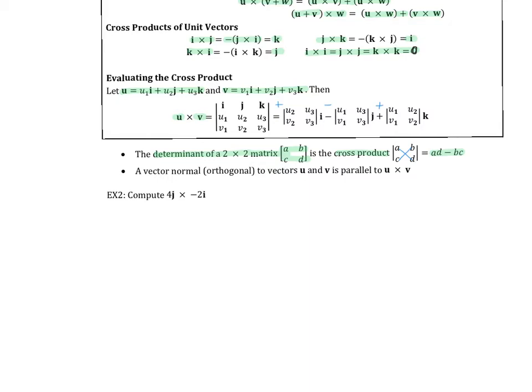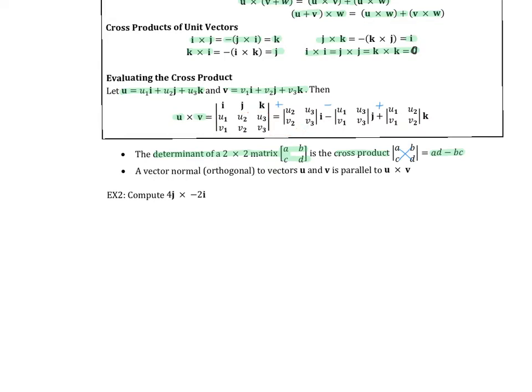Well, it's simple. To compute the coefficient on i, what we need to do is ignore the i. So get rid of that column. Notice that what remains is u sub 2, u sub 3, v sub 2, and v sub 3. And that's what's in our first cross product. So when we compute the second component, we do the same thing.